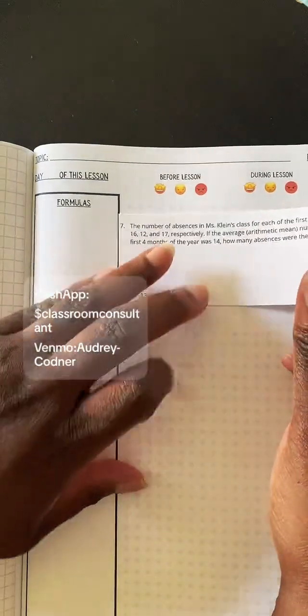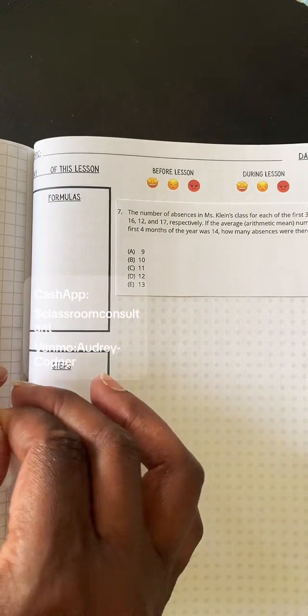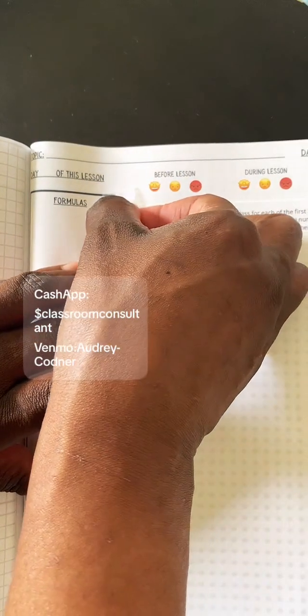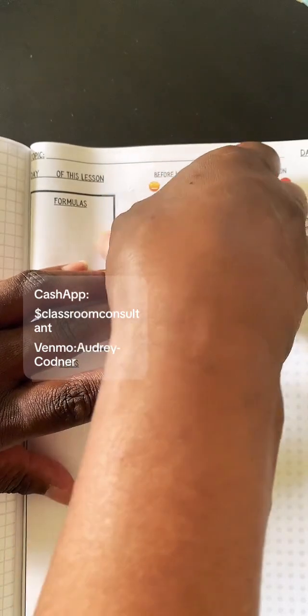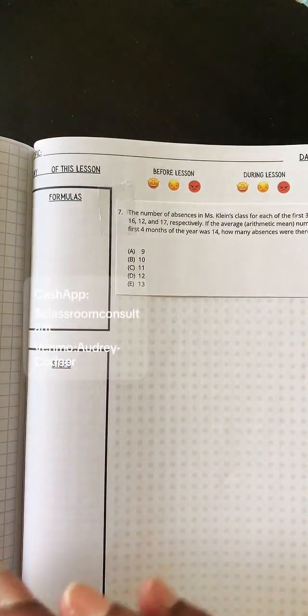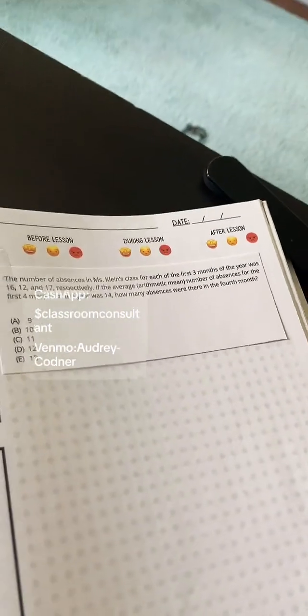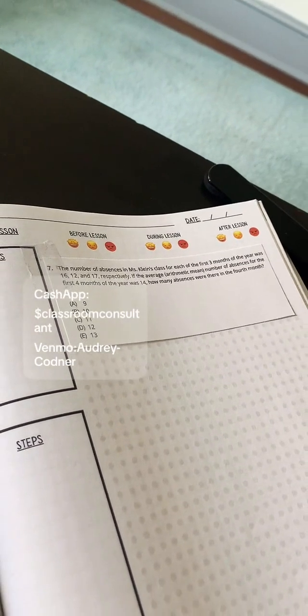All right, so I'm going to add on before this blows away. And then it has a mood tracker. For heaven's sake.